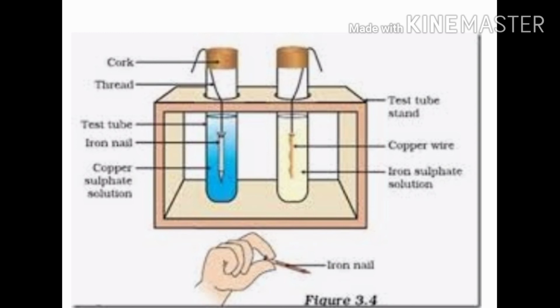We will notice in which test tube the reaction has occurred. On what basis can we say that the reaction has actually taken place? You can see the figure given here: the copper sulfate solution in which an iron nail is dipped, and the iron sulfate solution in which copper wire is dipped.